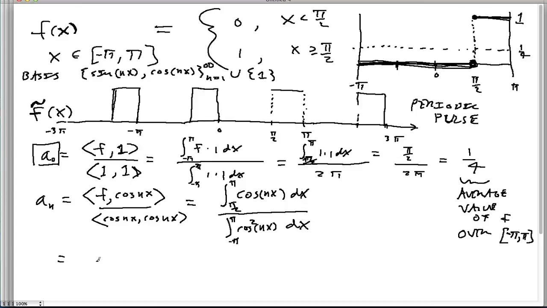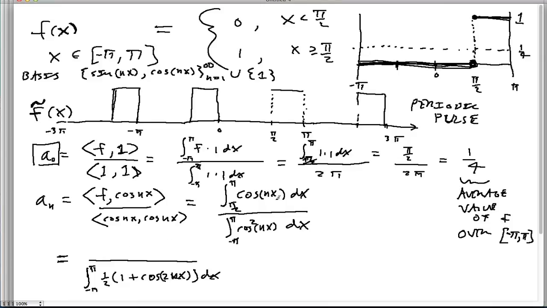So that bottom integral, we can use a trigonometric identity. It's going to be the integral from negative pi to pi of 1/2 times 1 plus cosine 2nx. That's just the double angle identity.